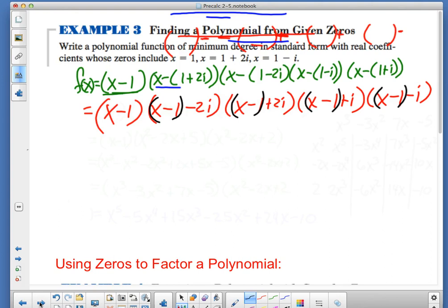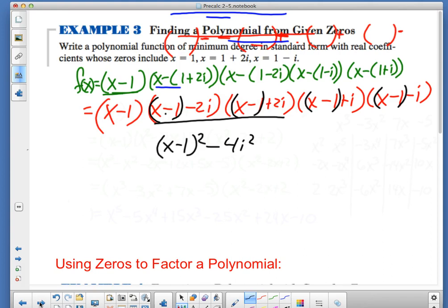But now when I group those, let's pretend they're y's for a second. In this one, I have the difference of two squares, right? So I'm using that to my advantage. Because x minus 1 squared, I can do in my head, because the outside and inside knock each other out, and then I have my last squared, i squared.